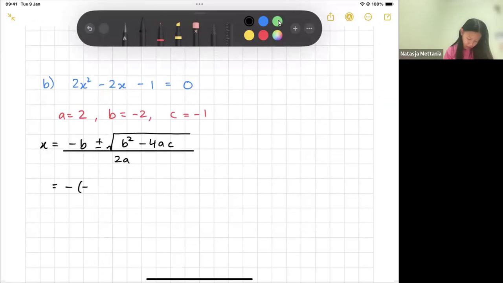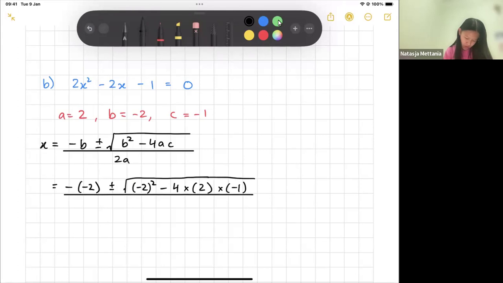Minus -2 plus or minus the square root of -2 squared minus 4 times 2 times -1, all over 2 times 2.